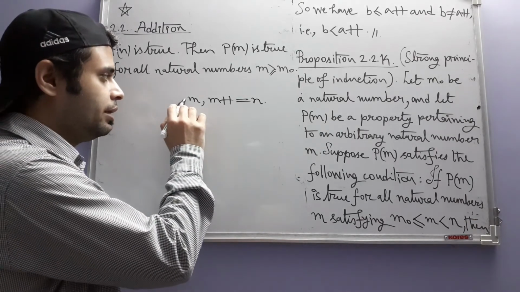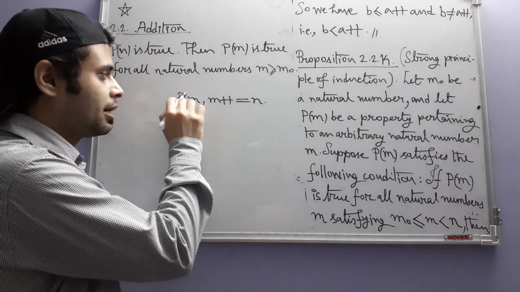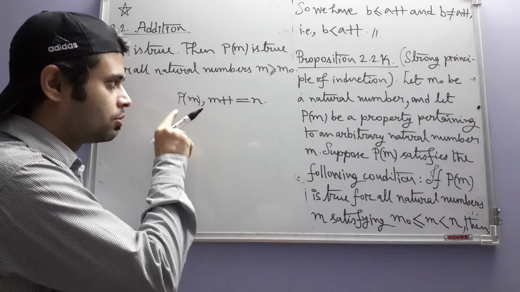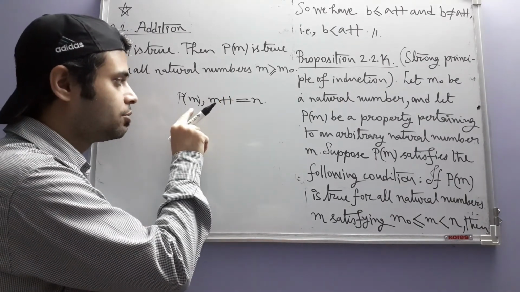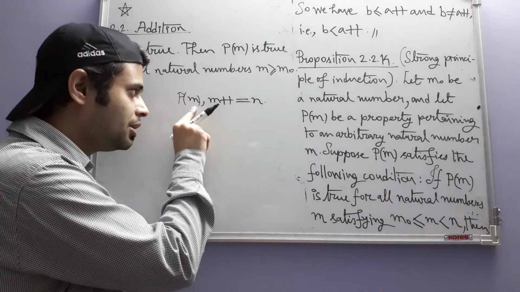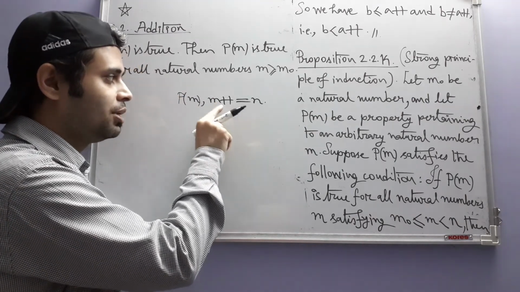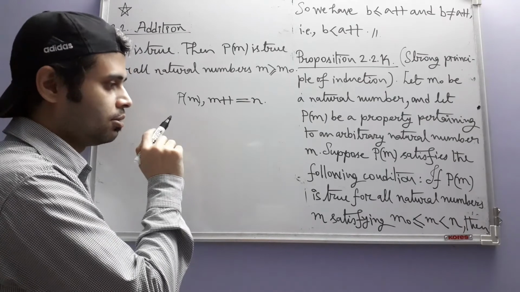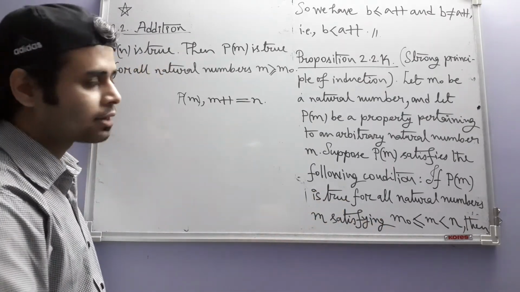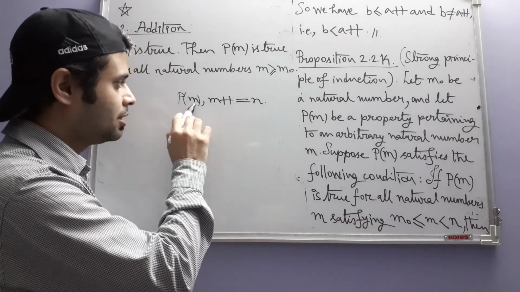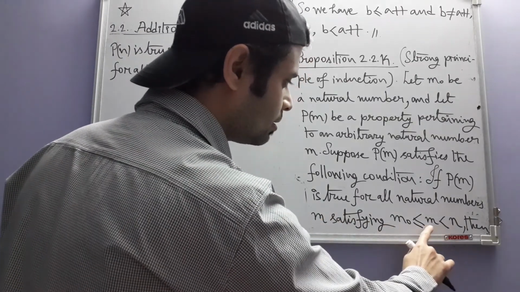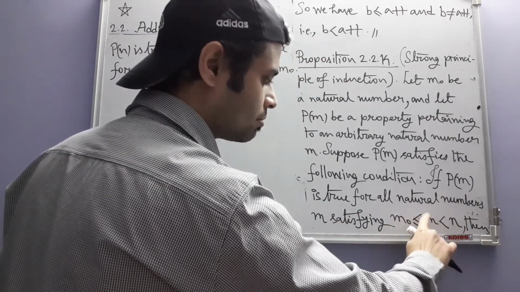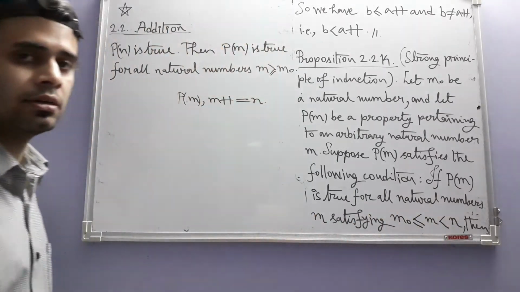Instead of just assuming that the truth of P(m) implies the truth of P(m plus plus), we are assuming a stronger condition. We are assuming that P(m) is true for all m lying between m naught and the number before n.